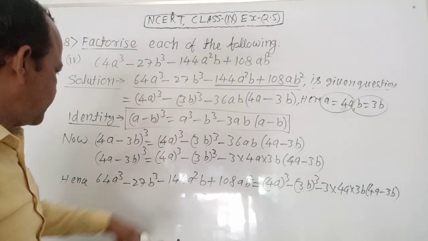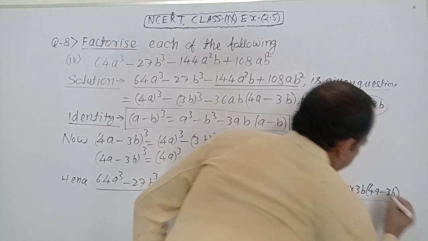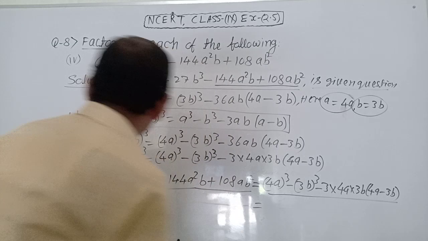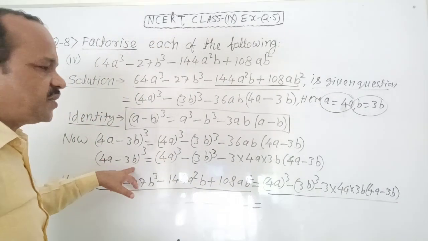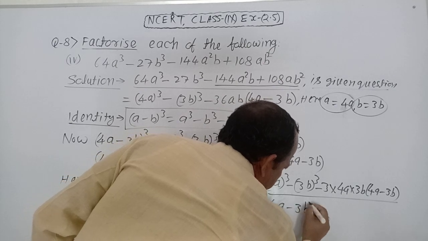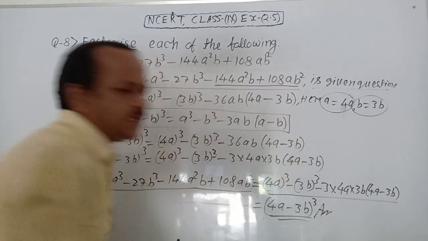You can write 8 as 8. Clear? Equal to (4a minus 3b) whole cube. It is your answer.